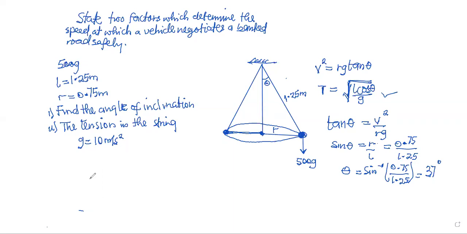Then the second part. If you couldn't figure out how to solve it, this is the way out. That is why yesterday I gave you all the required equations. The next question is the tension. We have to determine the tension in the string.